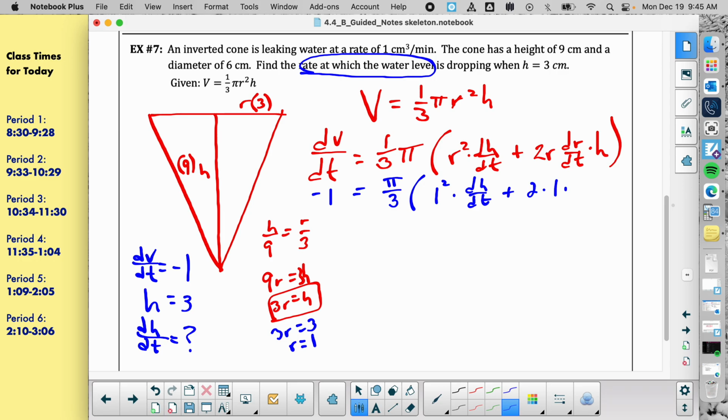But if we take the 3r equals h equation and take the derivative of both sides, it would be 3 times dr/dt equals dh/dt. So we don't know the number to put in place of dr/dt, but we can substitute 1/3 dh/dt for it. And then the height was 3.